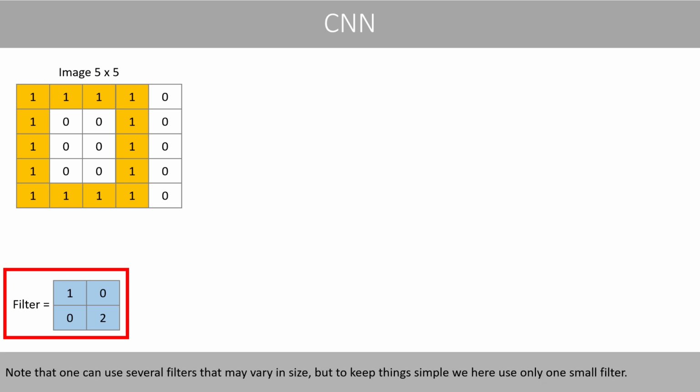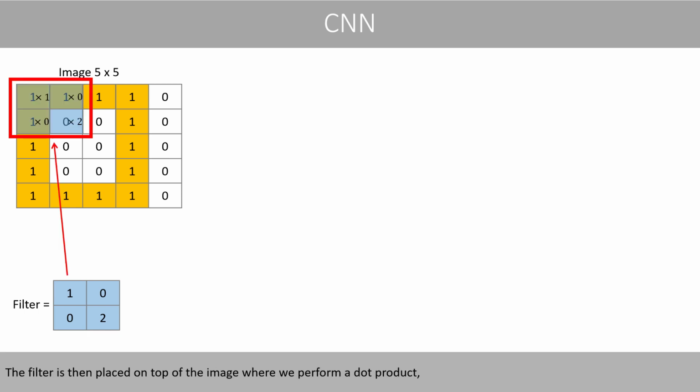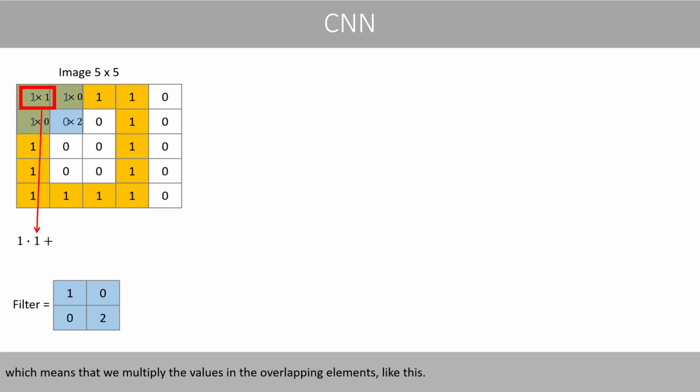Note that one can use several filters that may vary in size, but to keep things simple, we here use only one small filter. The filter is then placed on top of the image where we perform a dot product, which means that we multiply the values in the overlapping elements, like this.